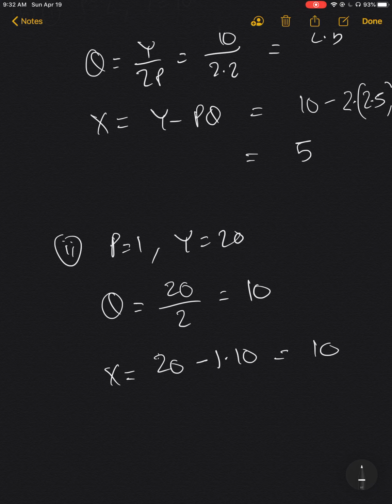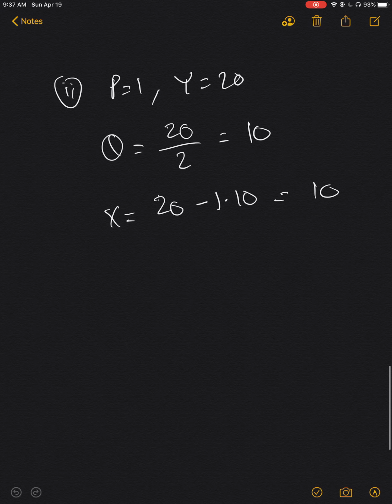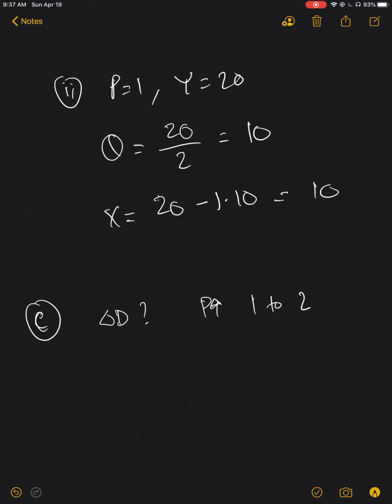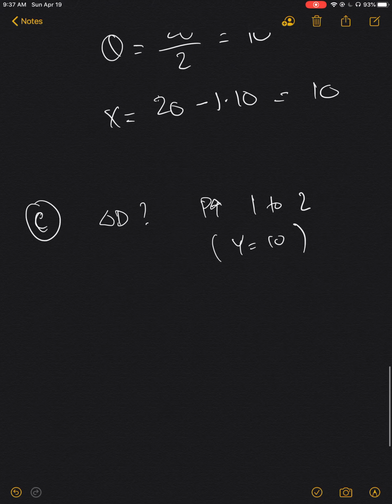Okay, part C. Now you're asked to figure out what the change in D is when P goes up from 1 to 2, but Y stays the same. Y stays at 10, your income stays the same. In terms of algebra, it's straightforward.